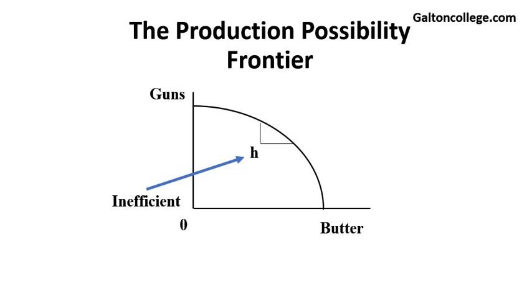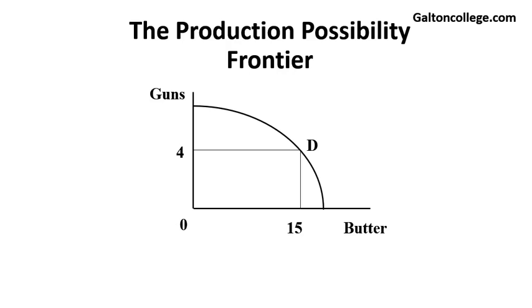We could produce more guns or more butter or anywhere in between. We could produce more guns or more butter or any place along the curve or any place inside the shape, it looks like a triangle. Anywhere in there is more efficient than the point H. H is inefficient. We can get more output if we reorganized our production.